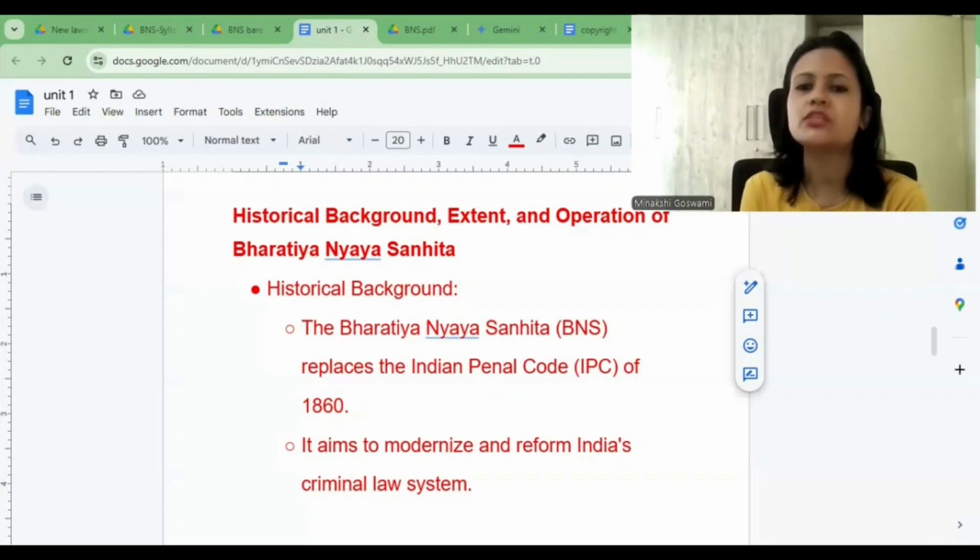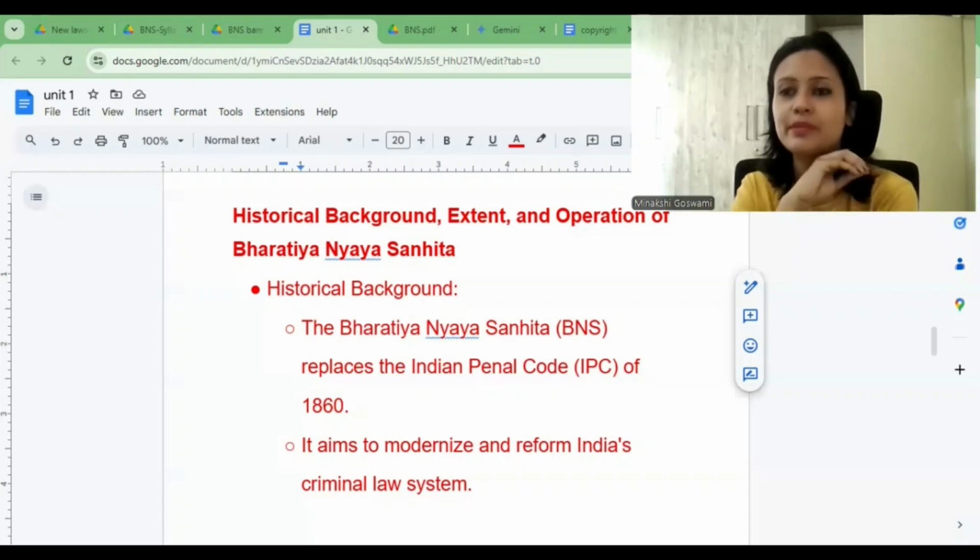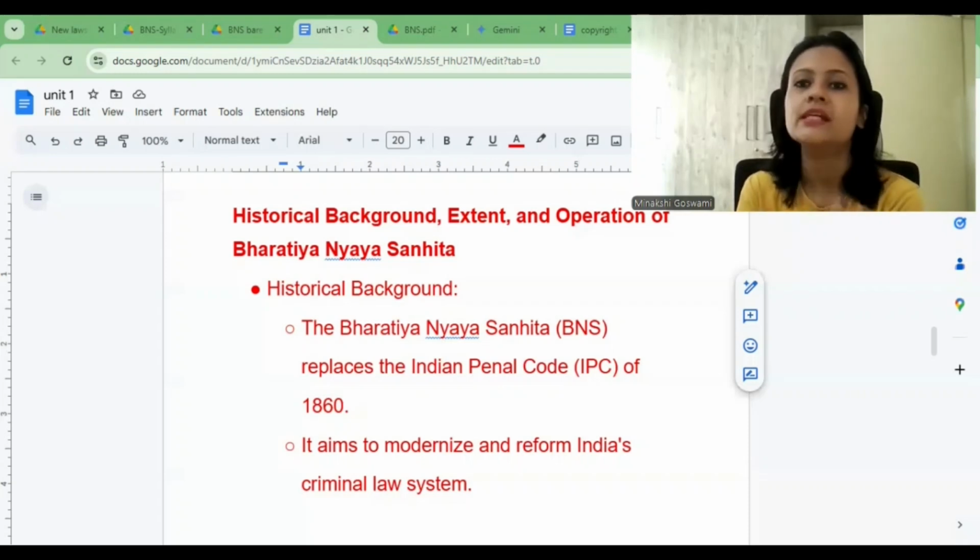So this transformation is crucial to ensure that the criminal law framework remains relevant. It remains responsive and capable of delivering justice in the 21st century, considering present day problems and challenges, or the type of offenses that we have seen, right? The type of things that we are dealing with.